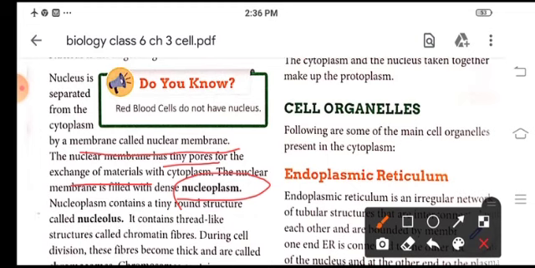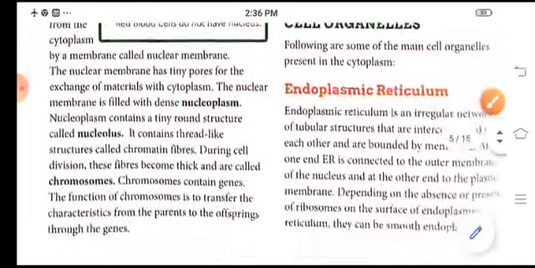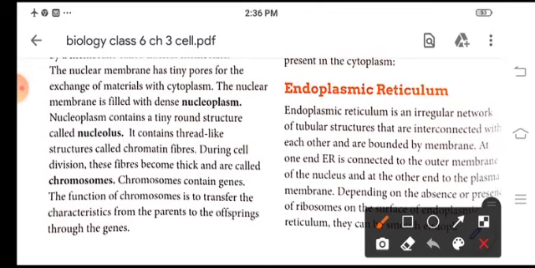Now this nucleoplasm contains small structures known as nucleolus. Now nucleus also contains thread-like structures called chromatin fibers, which on cell division become thick and form the chromosomes.